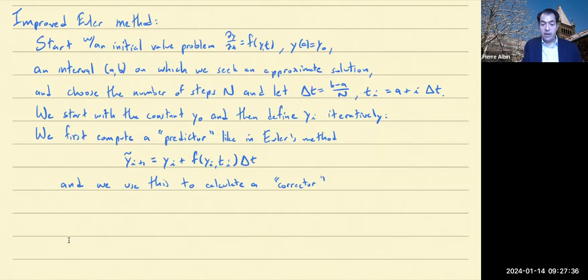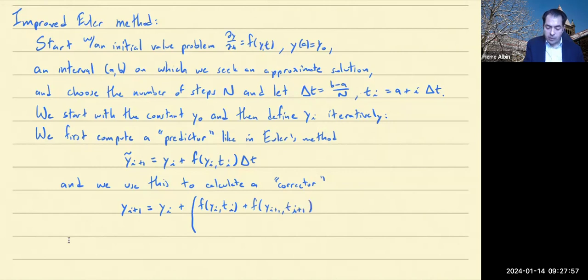Instead of keeping this y tilde i plus 1, we take y_{i+1} to be y_i plus... So what we're going to do is take the slope at the point (y_i, t_i), and then we would like to take the slope at the point (y_{i+1}, t_{i+1}).